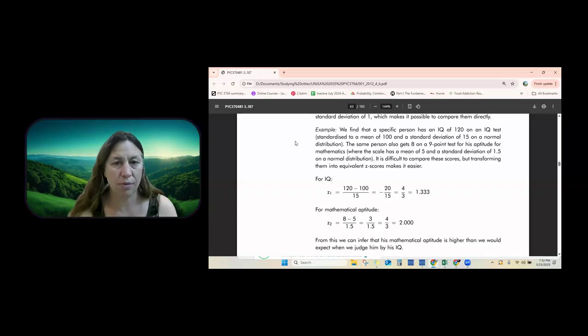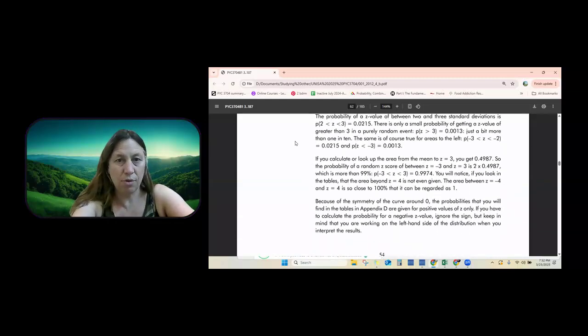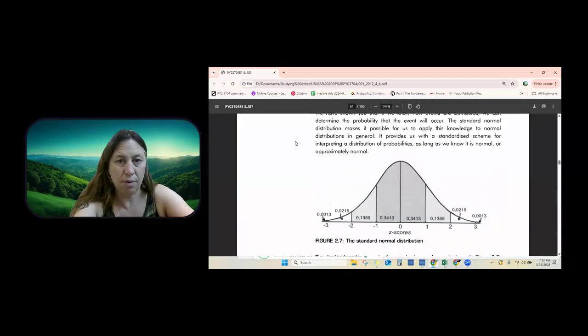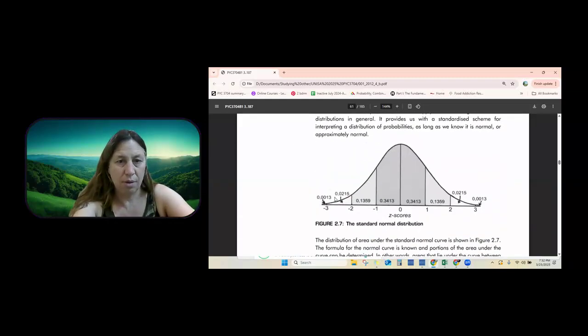That is 20 over 15, which is 4 over 3, which is 1.333. On the Z curve, the Z score would be 1.333. They would fall somewhere here, beyond the one standard deviation. That's where their IQ of 120 would fall.